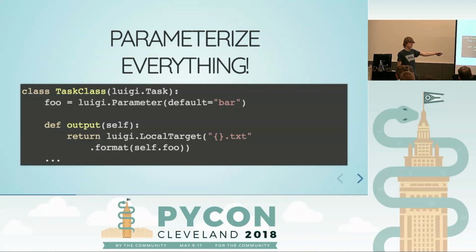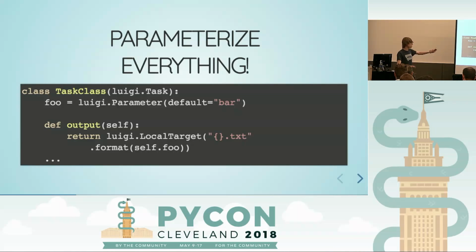It defaults to bar, so if you don't pass anything, it'll get bar. And then when we define the output, we can actually modify and dynamically set what our output's going to be here. You'd also, of course, modify your run method to use that parameter, or even the requires method. Just treat it like any other Python attribute.